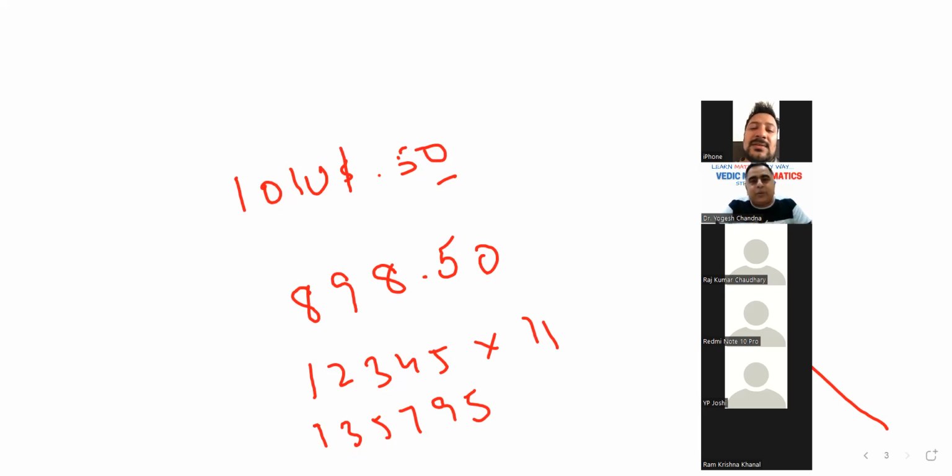See, now the point is, first thing, try to understand it is not a different subject. It is an application to make your mathematics easier and faster. So maths will remain, but now you have an alternative way. For example, if you have to travel from one place to another, one is you go by foot. That is normal maths. You're taking time. But what happens?